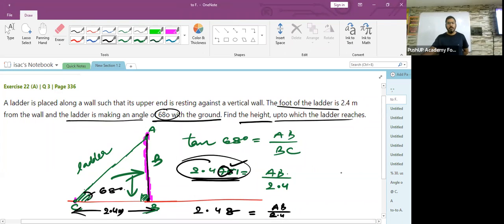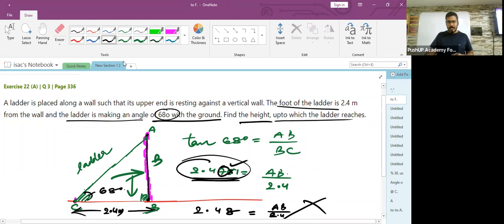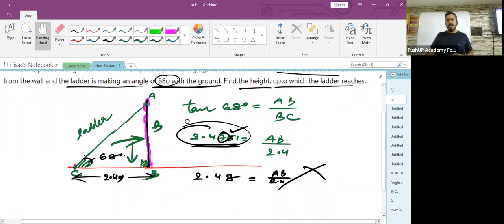If you do this in the board paper, they will directly cancel your step at this point itself. They will not even bother to read the remaining part of your solution. Only once I will say this. If you repeat this mistake, I'm going to give you nicely. In the very first sum, I'm telling you, this is a miserable mistake that you people make.